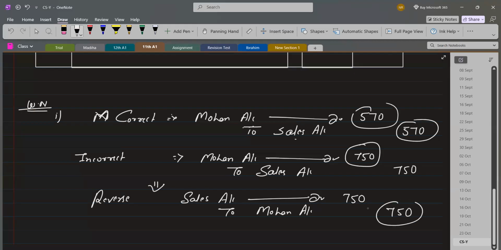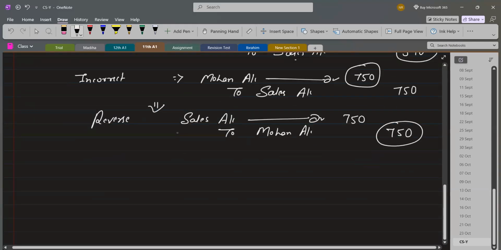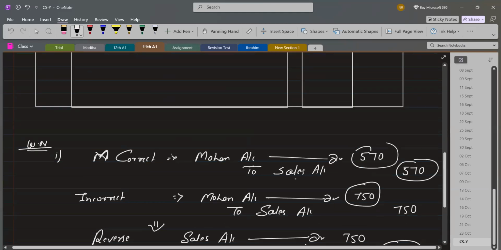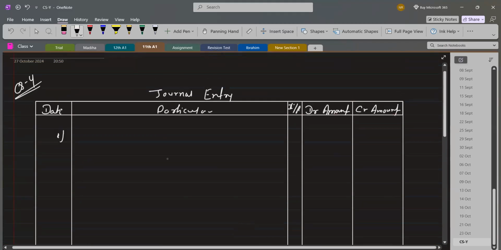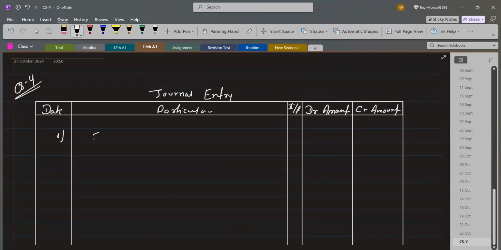Mohan on the credit side is 750 and on the debit side it is 570. So if we calculate the difference, 180, then we can merge this entry, and the final entry will be sales account debit to Mohan account, because the reversal entry amount is more than the correct one.